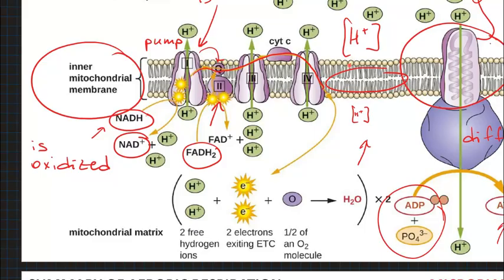You have to unload a taxi. Does that make sense? You have to get rid of those electrons from NADH so you have more available NAD plus to carry more electrons. Does that make sense?